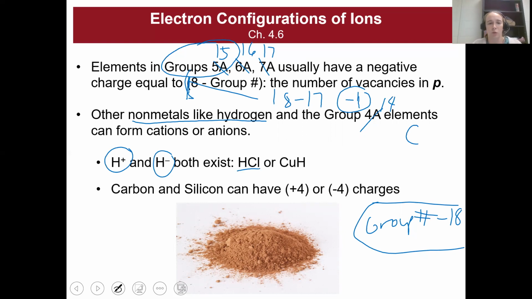We've got hydrochloric acid, which comes from an H+ ion, and we've got copper hydride, which comes from the -1. Because copper is a metal, and metals are almost always, if not always, positively charged, the hydrogen has to be negatively charged so that we have a balanced compound. But we'll get into that more in the next chapter. Carbon and silicon likewise can be +4 or -4 because they're in group 14.